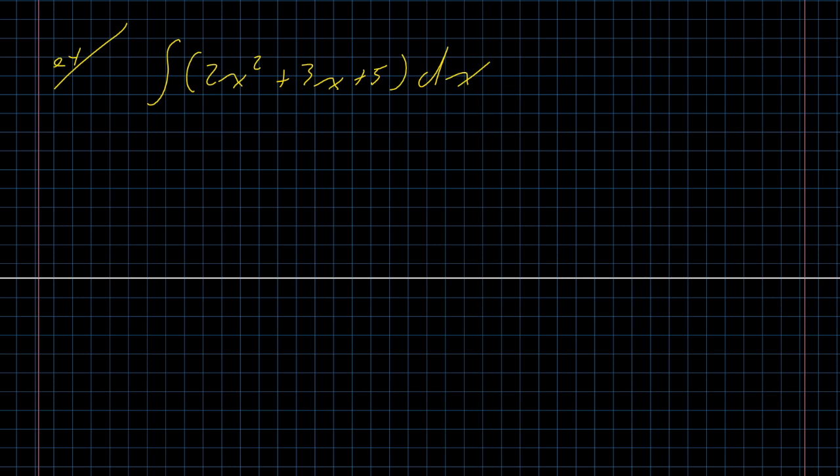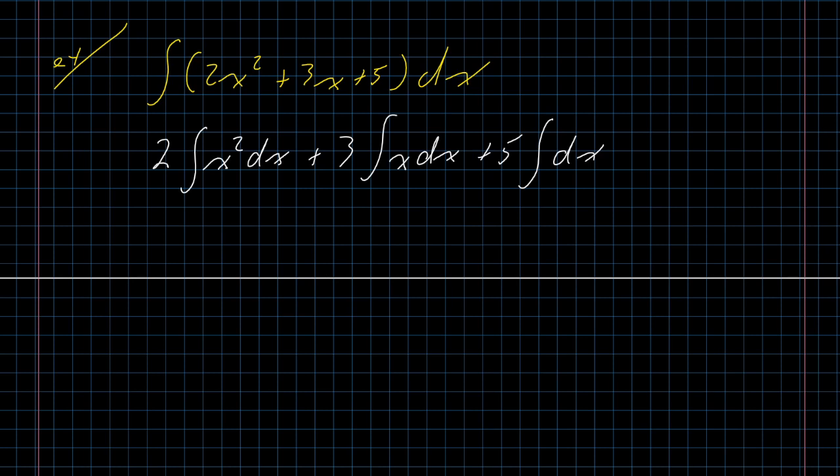Well, I know that I can split this up. 2 times the integral of x squared dx plus 3 times the integral of x dx plus 5 times the integral of, well, just dx by itself. Just like with the derivative, once you've done a couple of these and you get used to the idea, you're almost certainly going to skip writing out this step. But for the first couple, I think it's worth taking the time to do it.